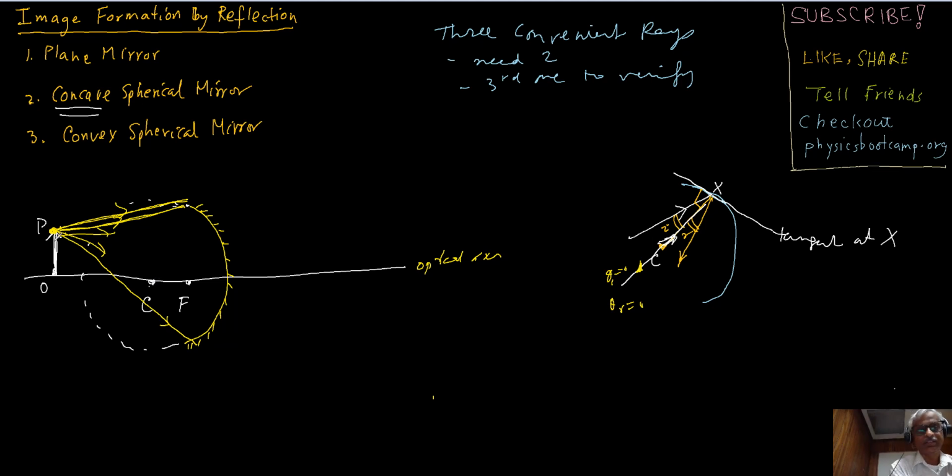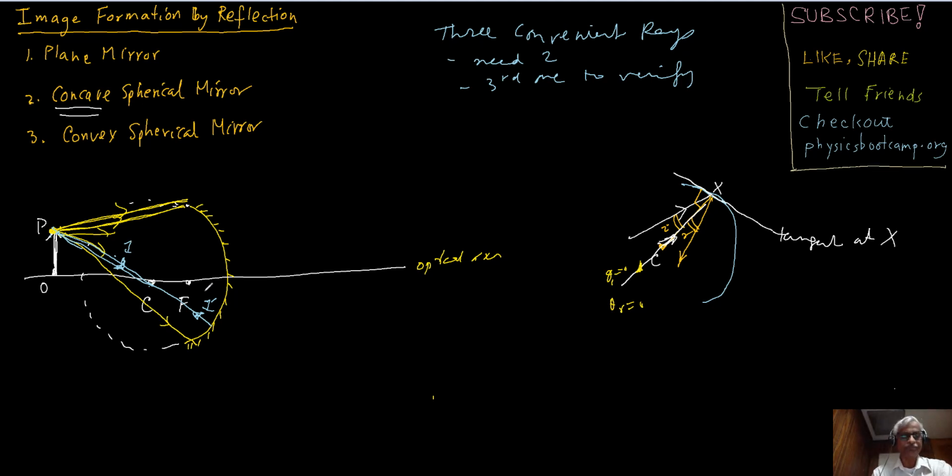If you know the center, you just go through the center. So if you come in here, then you're just going back, 1 prime. That's a very simple ray. What's the second ray we can draw? That's also very easy to draw.